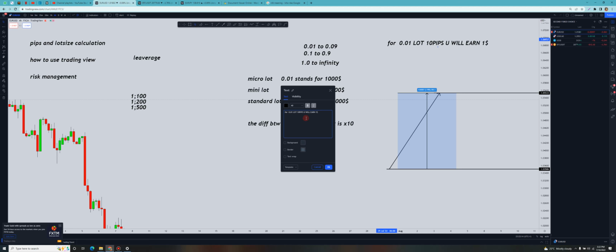Now you know what will happen to the rest. That means for 0.1 lot, 10 pips is what? Exactly, because it's times 10. We said the difference between this and this is x10. You see now? It's super easy.